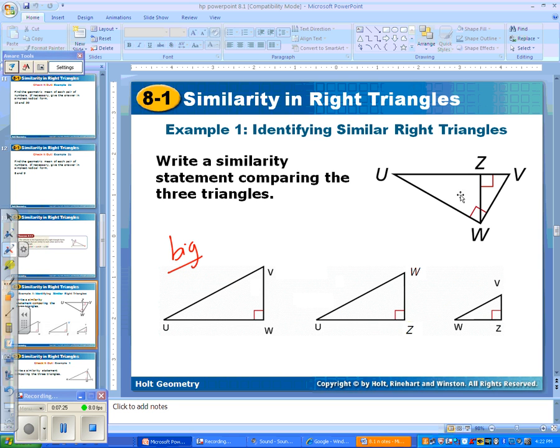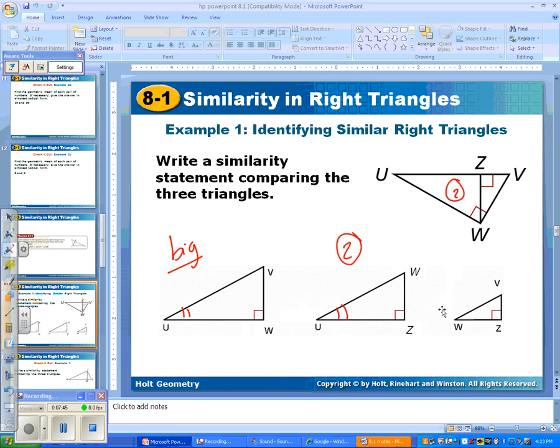And then we have this bigger triangle, WZU. So I'll call this one number 2. Okay, so they both have angle U in common, and angle Z is a right angle, as well as W. So these are 2 triangles that are similar by angle.